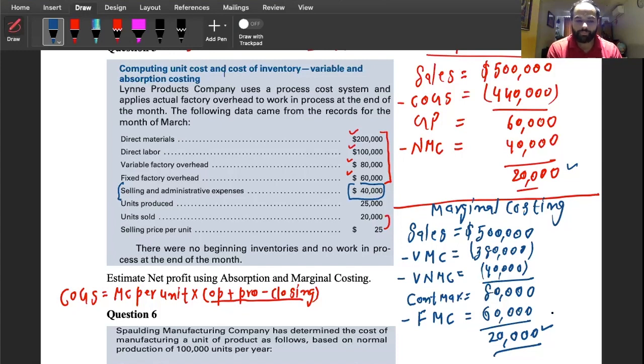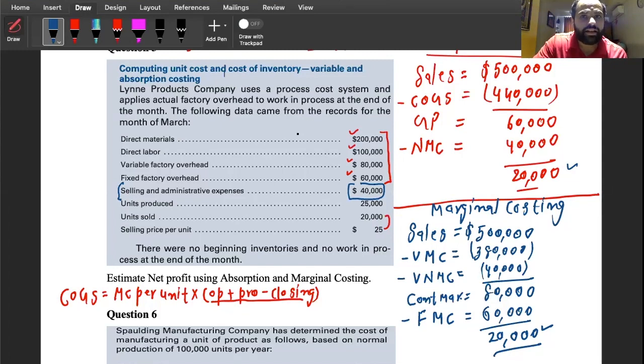And variable non-manufacturing cost. But in this question, we are not using any per unit figures. That's why we're just using numbers up and down, which are contribution margin or manufacturing, non-manufacturing. So that's why your profit under these 2 methods is the same. All right. But anyway, this is the idea for this question.